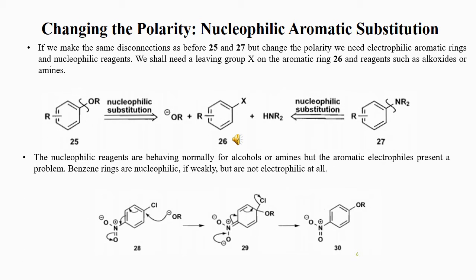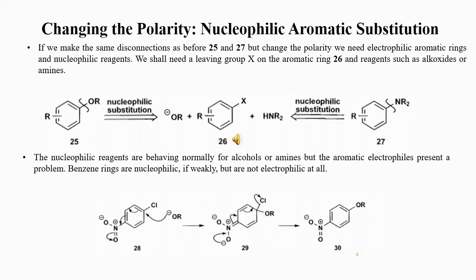Now as we have seen the electrophilic aromatic substitution before, now if we are having substituents on the benzene ring, if we detach or do the disconnection, then they are negative synthons, synthons with the negative charge.